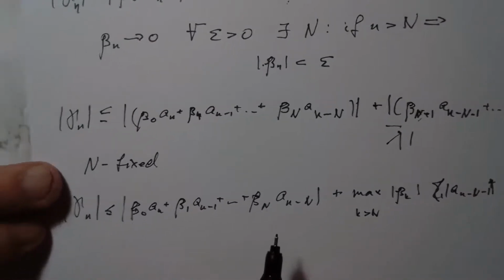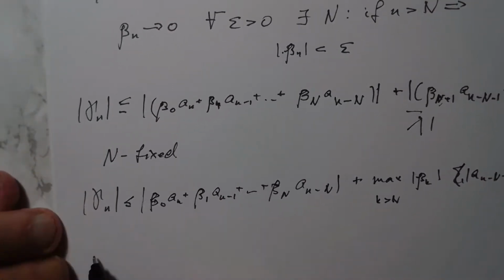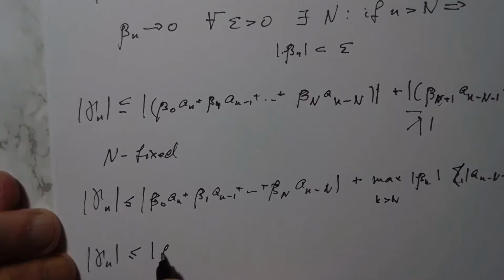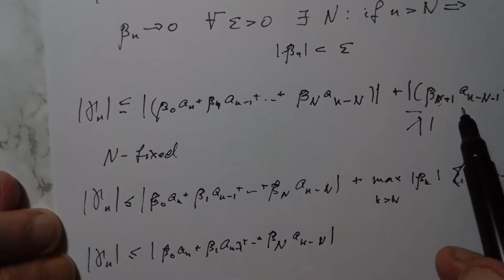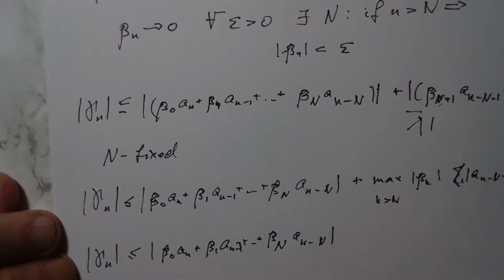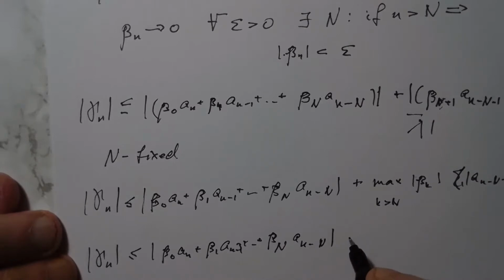Let me rewrite it because I wrote it very badly. So I will say that gamma n is less or equal than this beta naught a n plus beta 1 a n minus 1 plus etc. plus beta N a n minus N. And for the second part, I'm going to factor out the maximum of those beta k, where k is greater than N. That's essential, right?